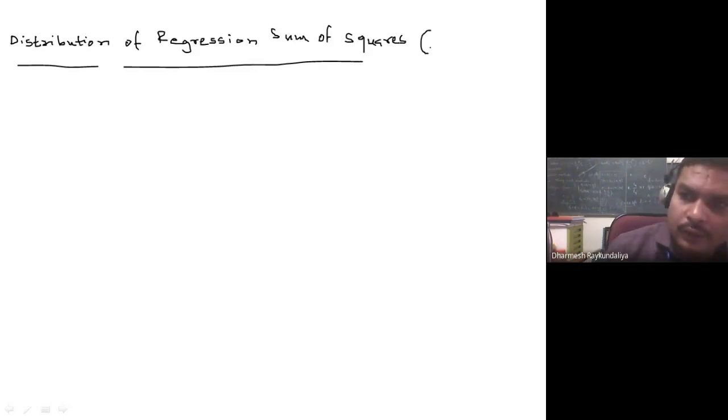We know that we denote it as SSR due to beta. So to obtain the distribution of this sum of squares, we will prove one theorem.